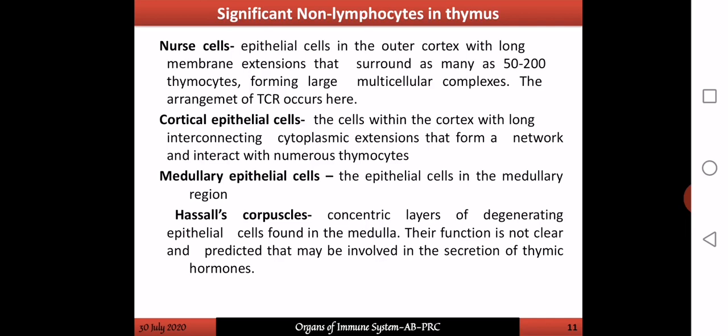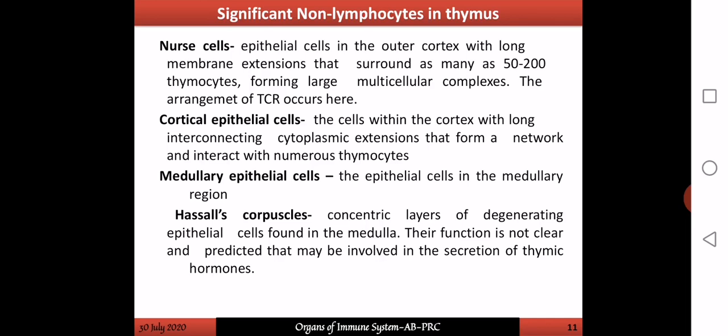So in short, that becomes a multicellular complex, right?